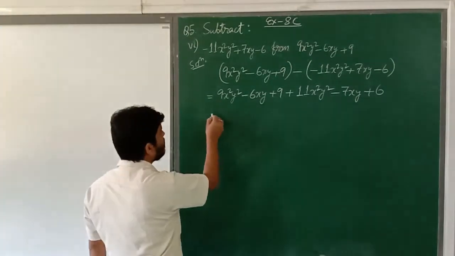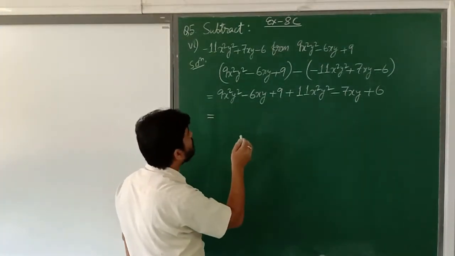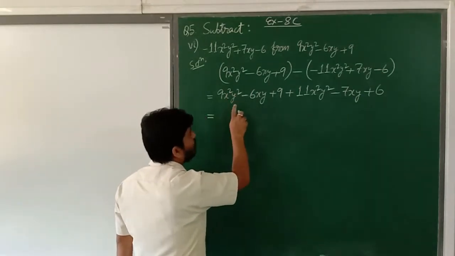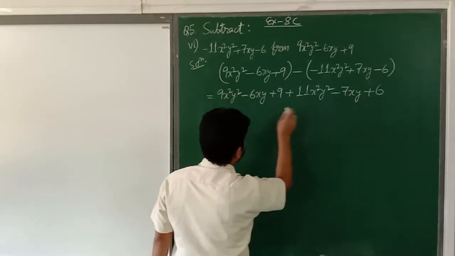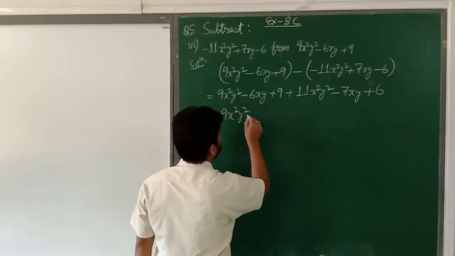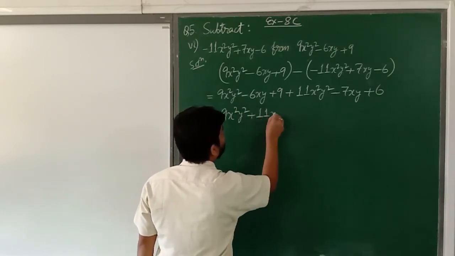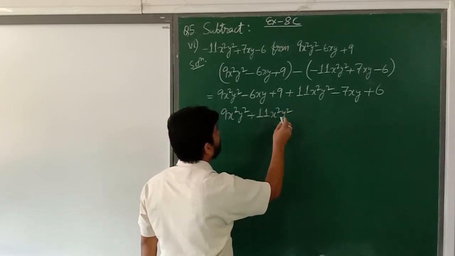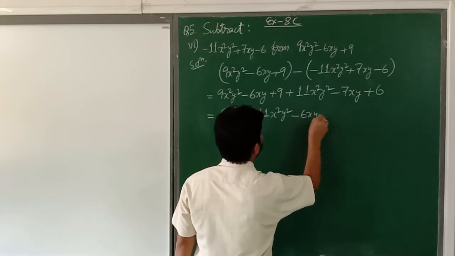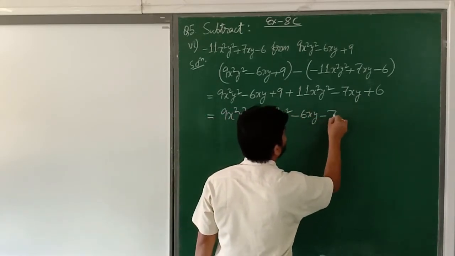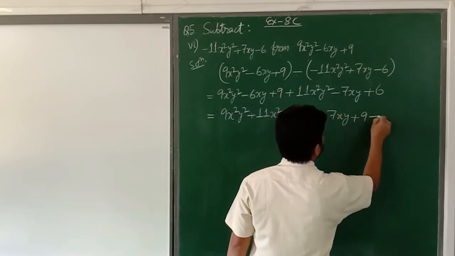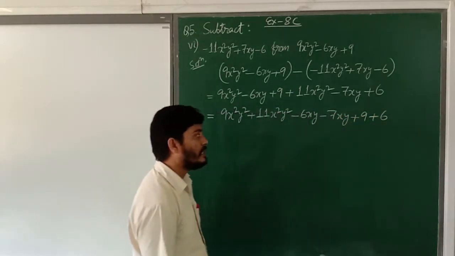Now group the like terms together. Look for the term with x squared y squared. Here it is, 9x square y square, this is plus, so plus 11x square y square. Then xy, here it is minus 7xy, and then the constant terms plus 9 plus 6.